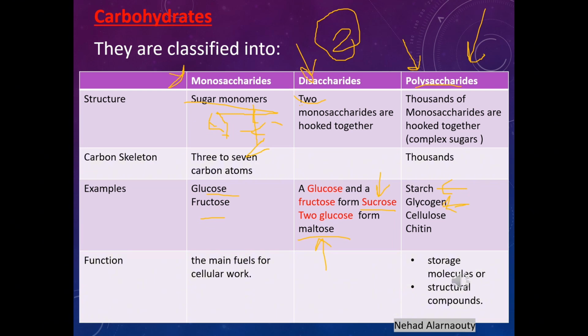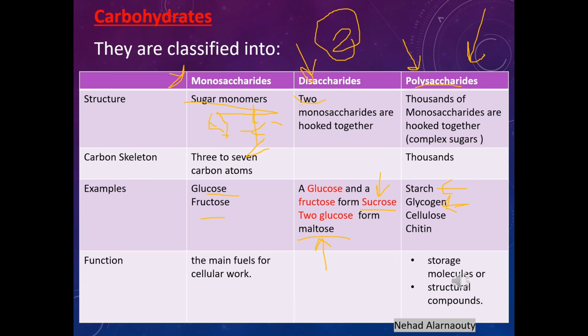glycogen. Glycogen is again glucose, thousands of them connected together, but in the animal cell. Both of them are energy storage. So they are insoluble and they are perfect for storing some energy aside.